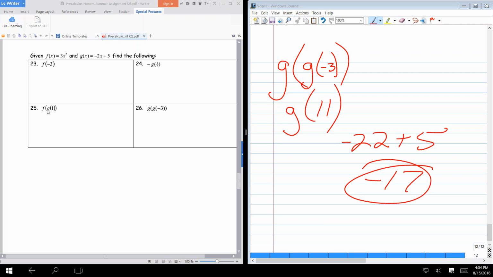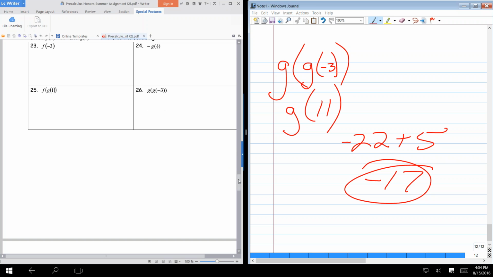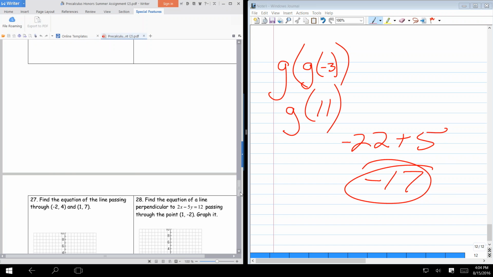And over here, you're going to do it a similar way. Do the g of 1 first. It's going to give you a number. Then stick the number in and do f of whatever that number is. So composite functions are pretty easy once you get the method and the pattern down. Just always start from the inside and work out.